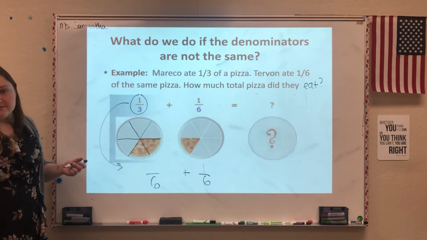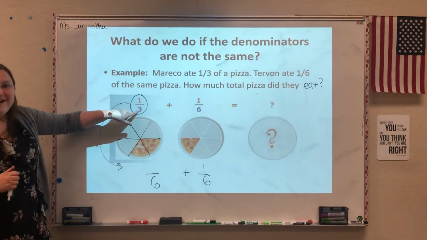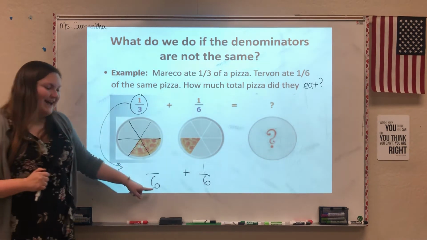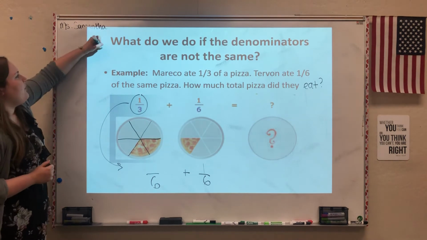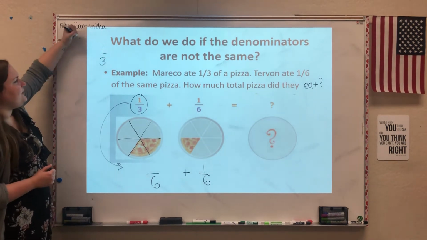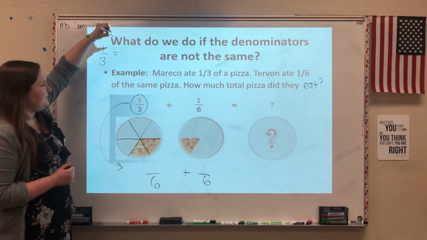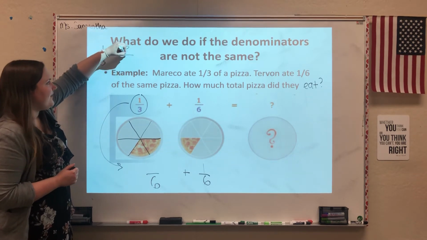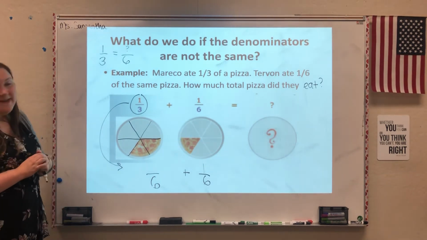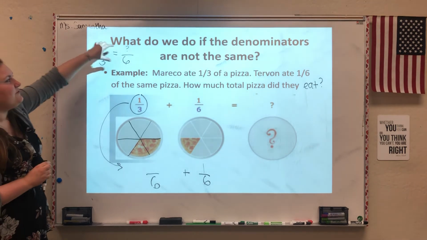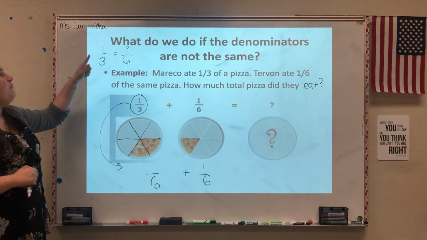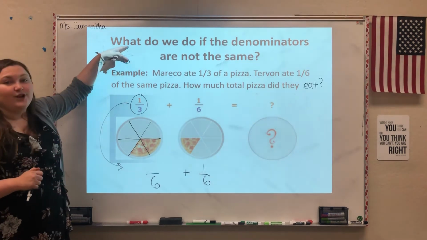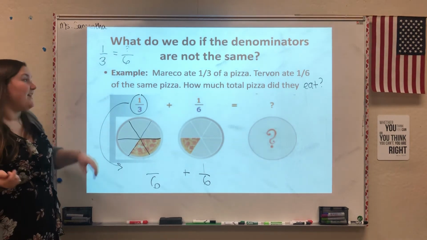In order to do that, all I have to do is find an equivalent fraction to 1/3 that has a denominator of 6. We looked at problems like this yesterday. I was giving you problems that looked like 1/3 equals what over 6. Do you remember what we had to do to change this fraction to a fraction where the denominator was 6? Well, because I'm making the numbers in the fraction larger, we were using multiplication.